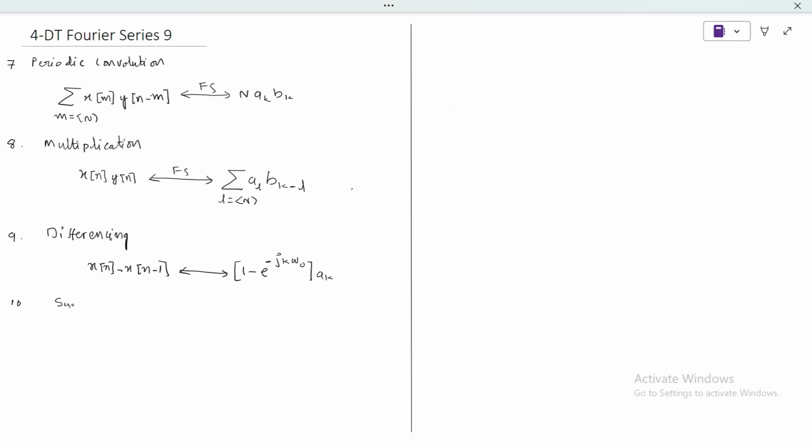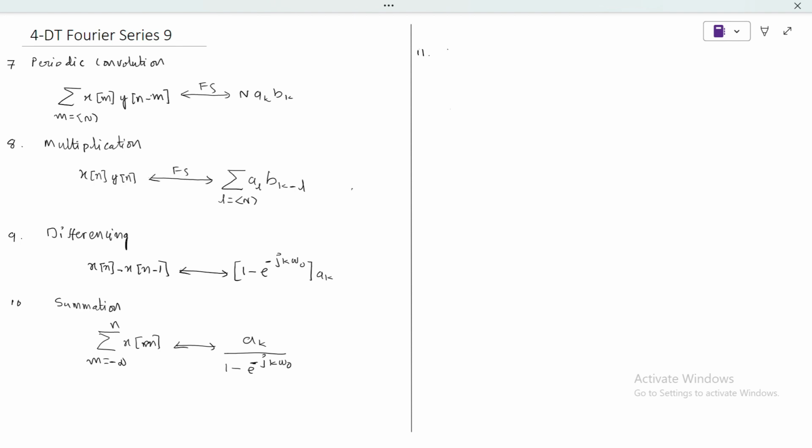Next, summation: sigma x of m from minus infinity to n. Here the factor is multiplied in differencing, but in summation ak is divided by this factor. What is the factor? 1 minus e power minus jk omega naught. So in the case of differencing, you multiply by this factor; in the case of summation, you divide by this factor. That is the difference.